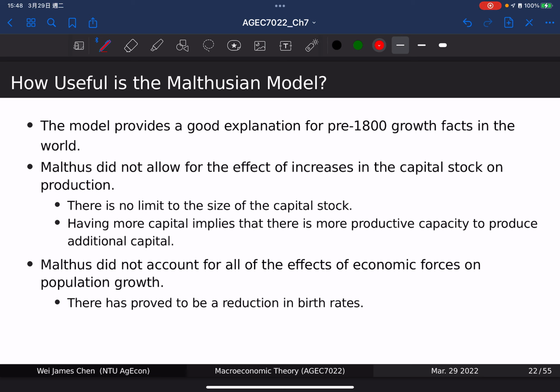Okay, so, if you do watch the news, like one of you just said in the previous class, the problem we have right now is not that our economy is so good and therefore we have a very high birth rate, right?